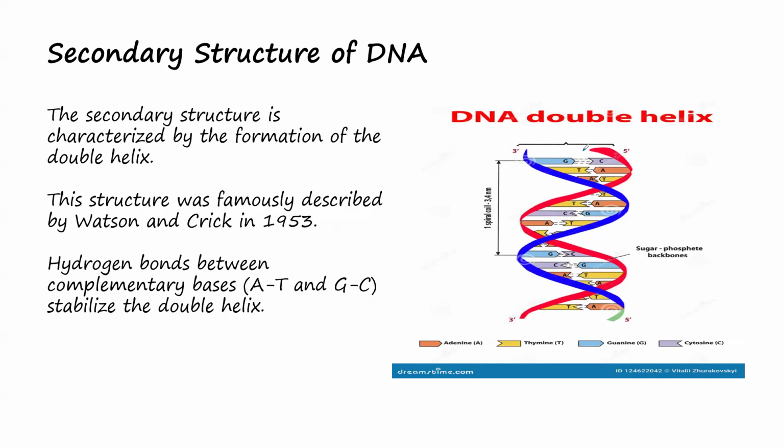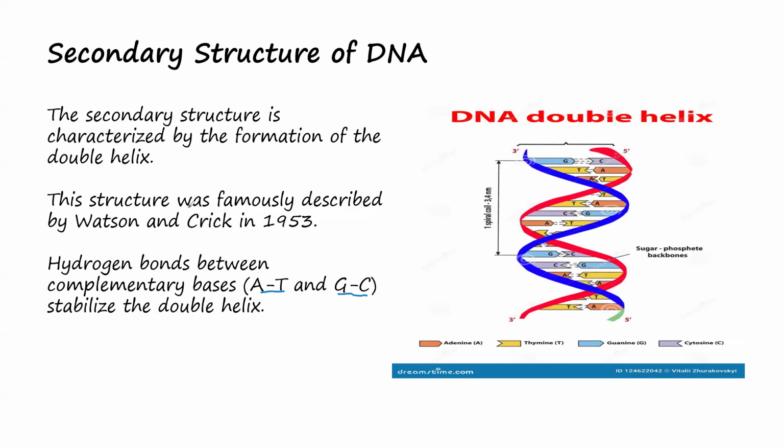Hydrogen bonds are formed between complementary bases, where adenine pairs with thymine and guanine pairs with cytosine. This complementary nature of the DNA is stabilized by the hydrogen bonding, and that is what makes the DNA have a secondary structure.